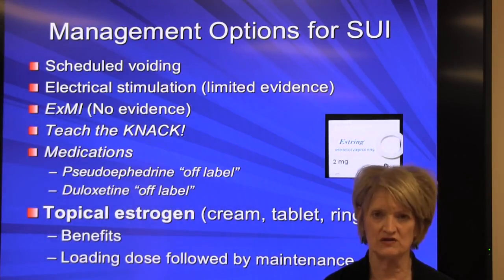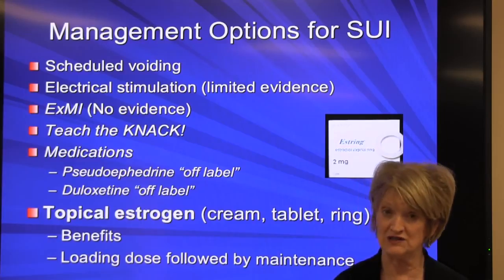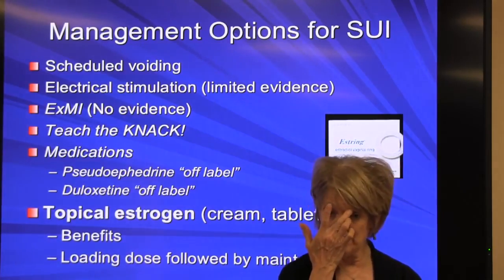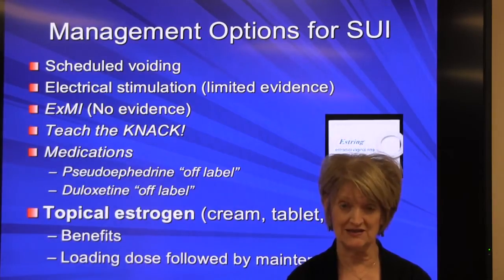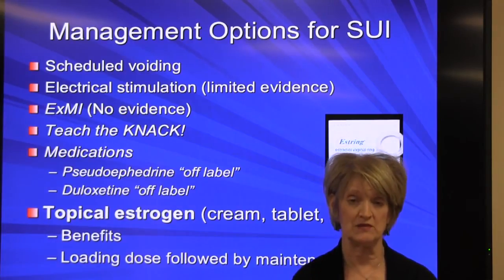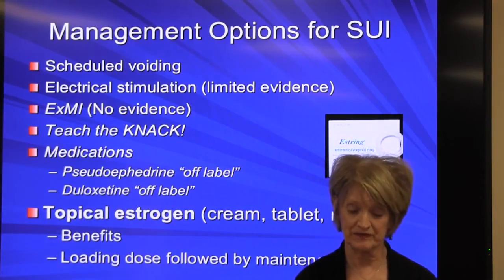What about electrical stimulation? Electrical stimulation has been used in the past to treat stress incontinence. You take intravaginal or intraanal probes, and it's low voltage stimulation, so you're not hopping around the countryside. What happens with electrical stimulation is it causes depolarization of the nerves and the muscles in the pelvic floor, which stimulates muscle contraction.